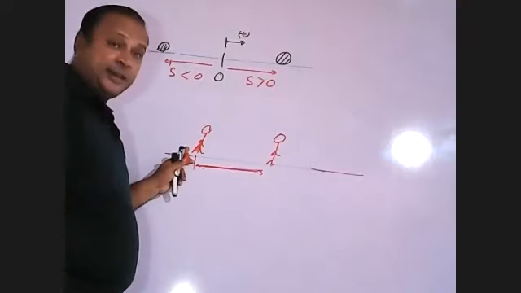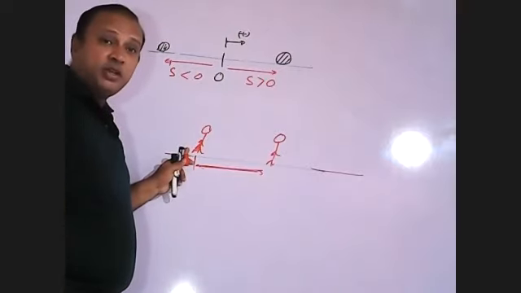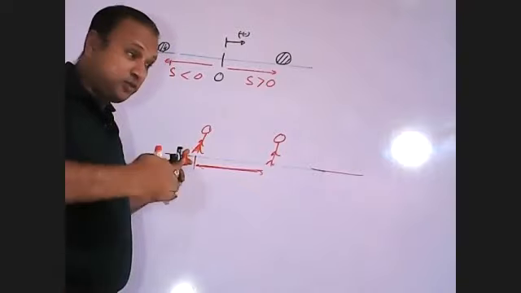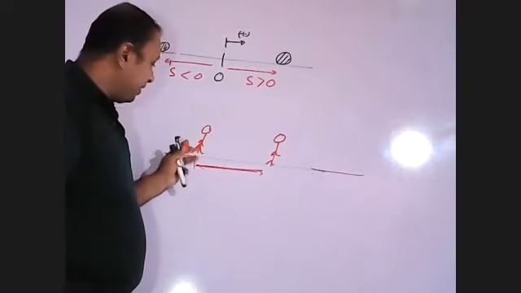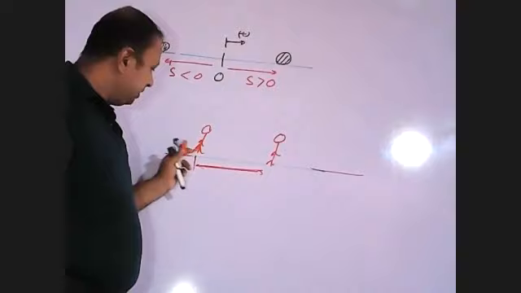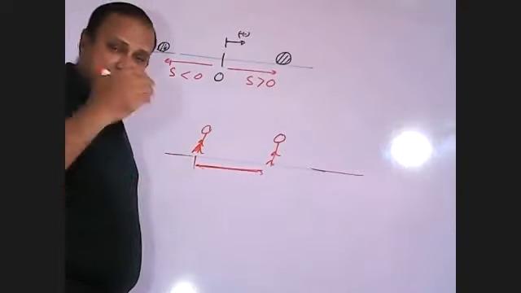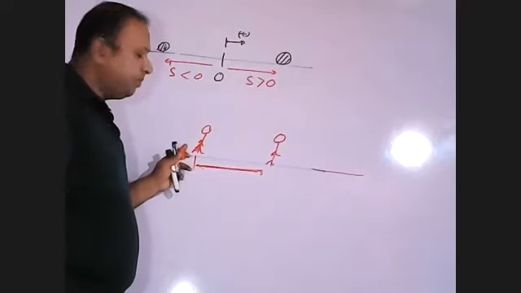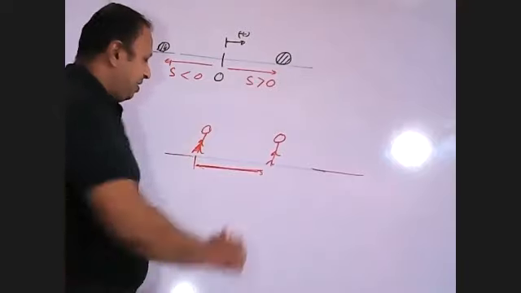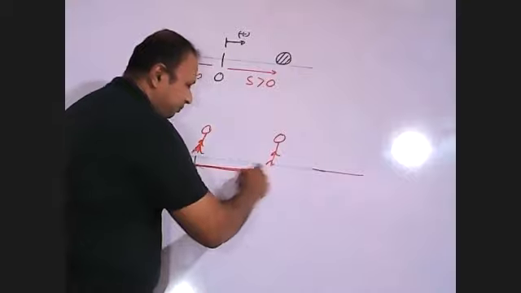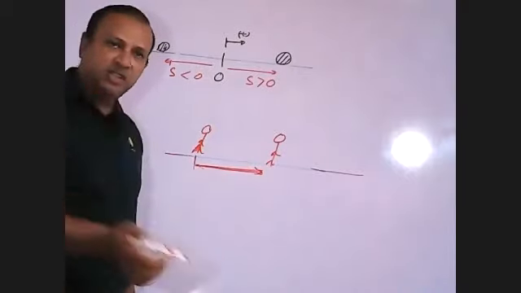This is your starting point, the starting point of motion, because you started to run from this point. Therefore, this is the starting point of the motion. So then you can measure the distance from this point.